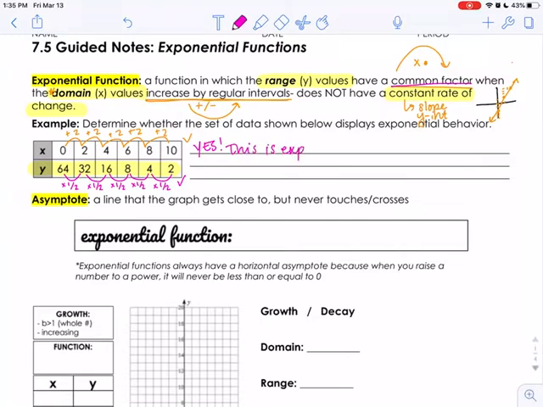This is exponential. Because, and we want to explain our thinking here, I'm going to refer exactly to the vocabulary I learned in my definition here.